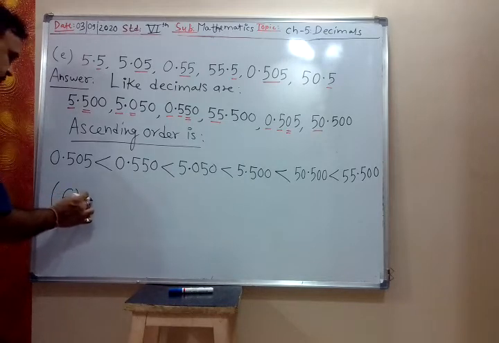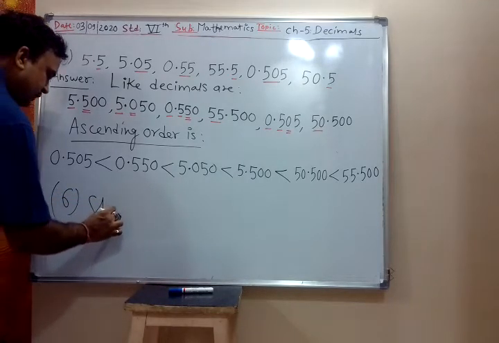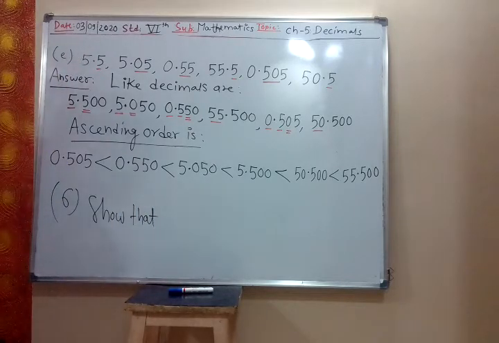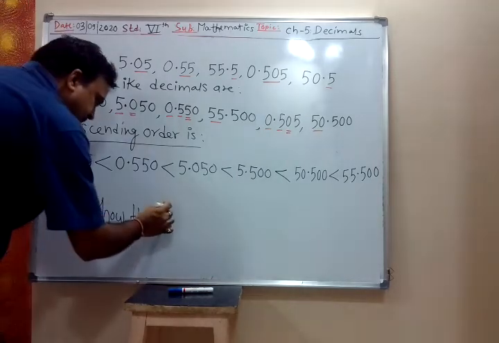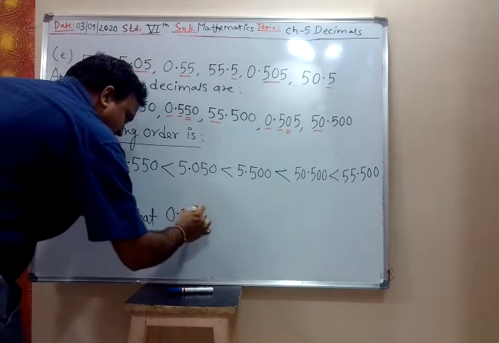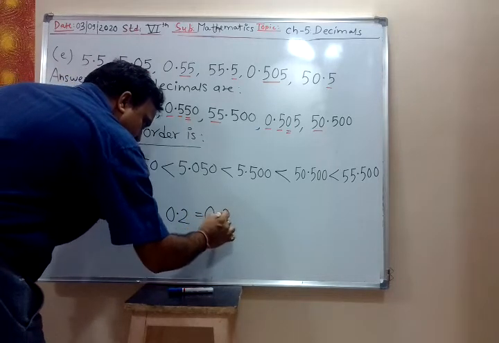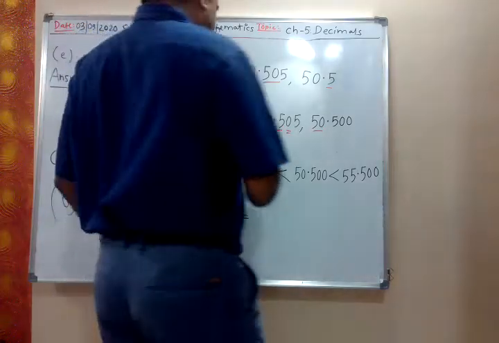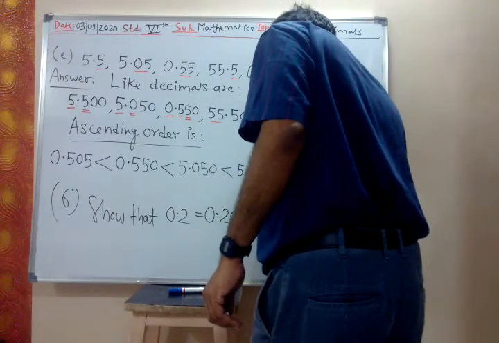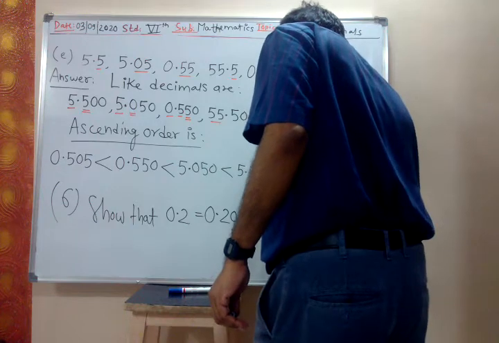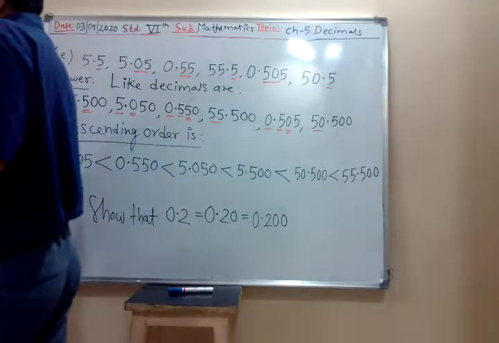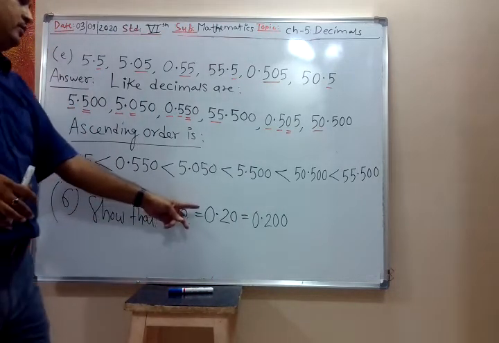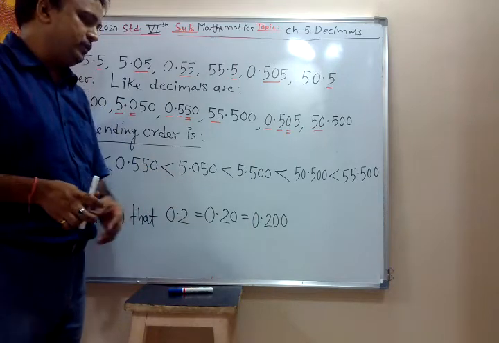Show that 0.2 is equal to 0.20 is equal to 0.200.